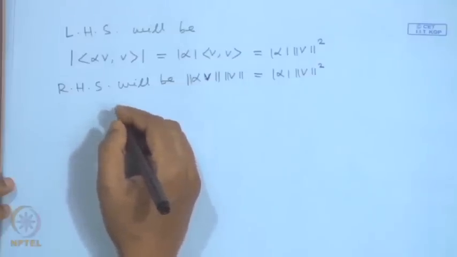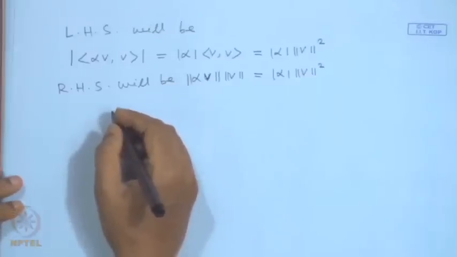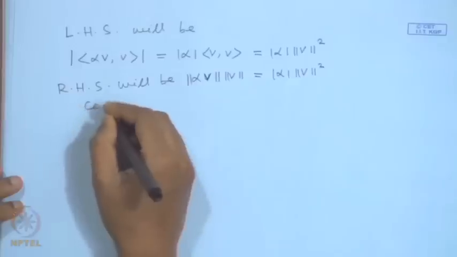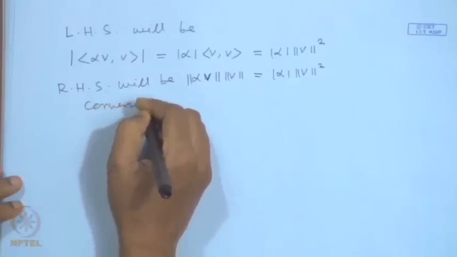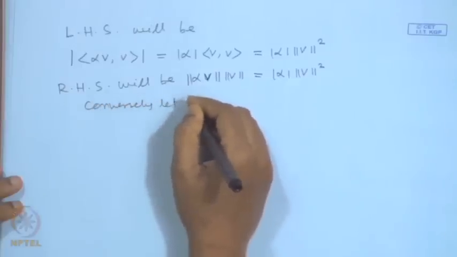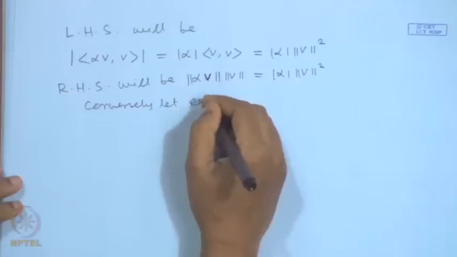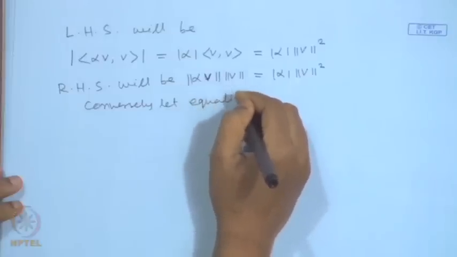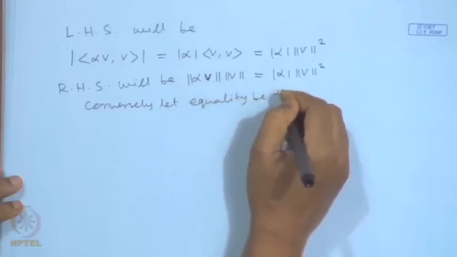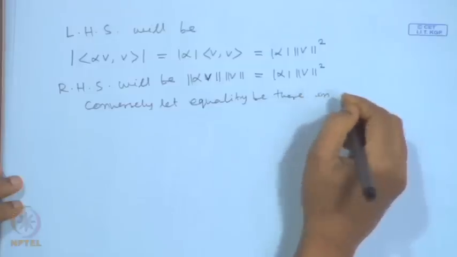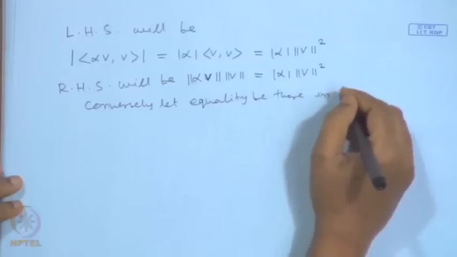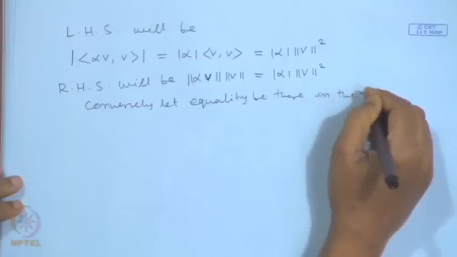Conversely, suppose equality occurs. Conversely, let equality be there in the Cauchy-Schwarz inequality.